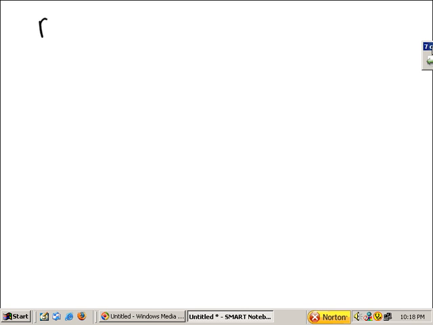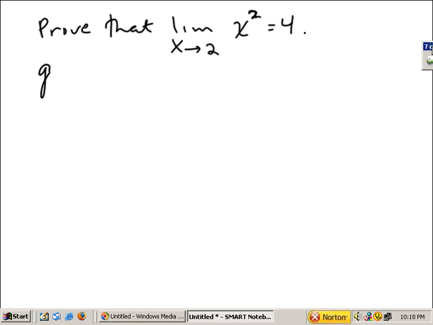Suppose you wanted to prove that the limit as x goes to 2 of x squared is equal to 4. So, proof.